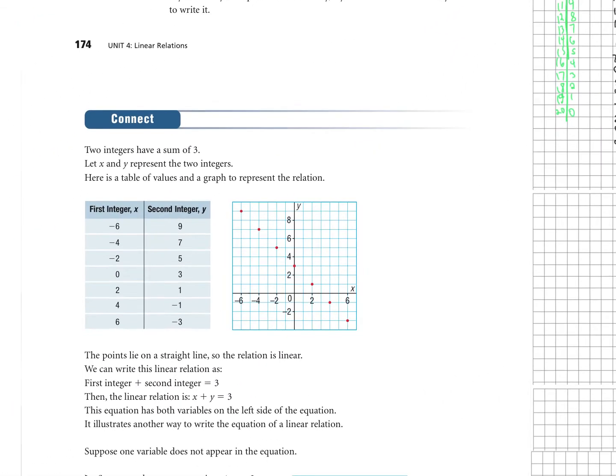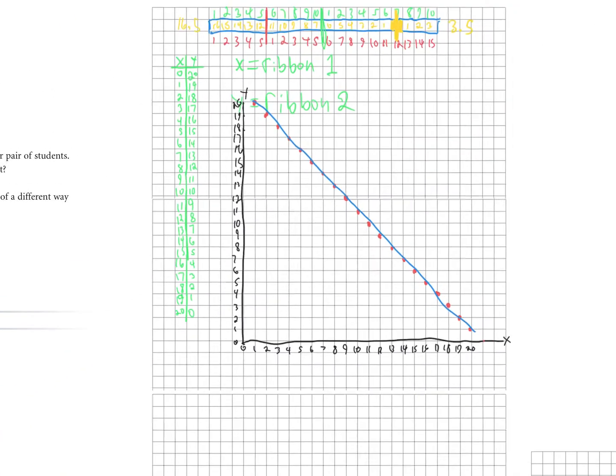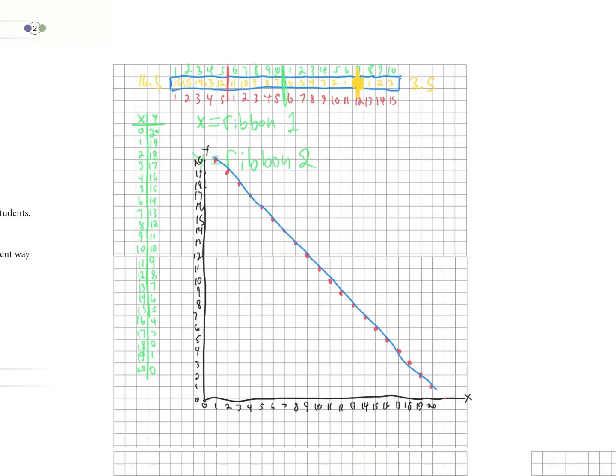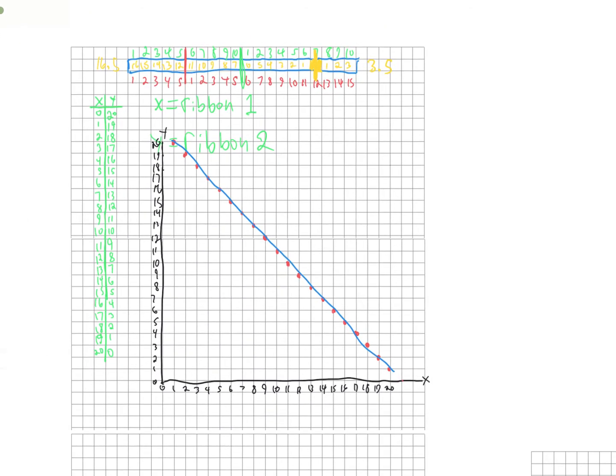So here we can say, if we're looking for an equation and we have a table of values, remember, when we want to figure out our equation from a table of values, we always start with y, or whatever our dependent variable is, equals.